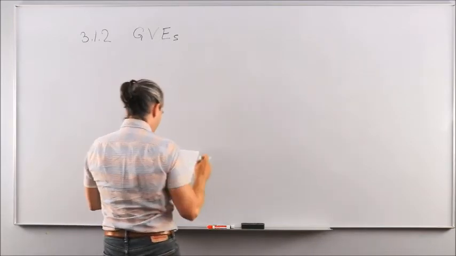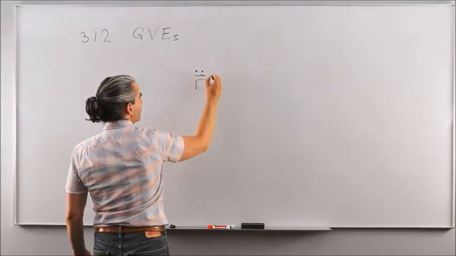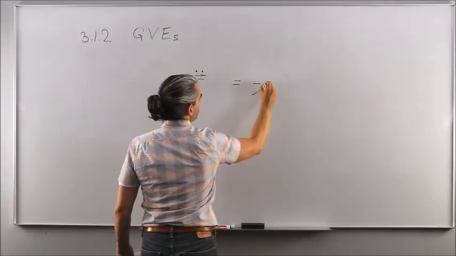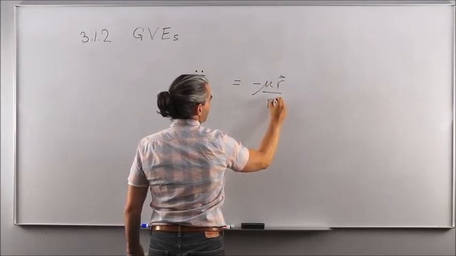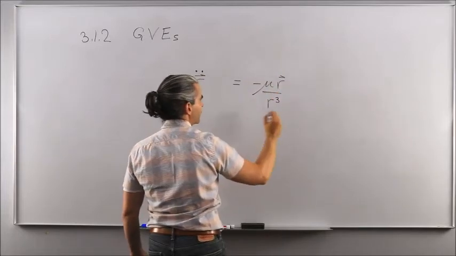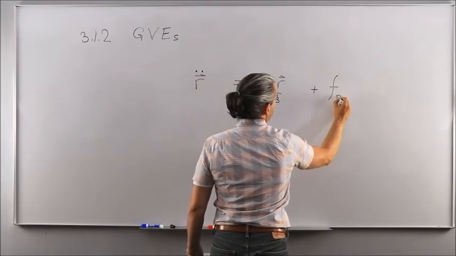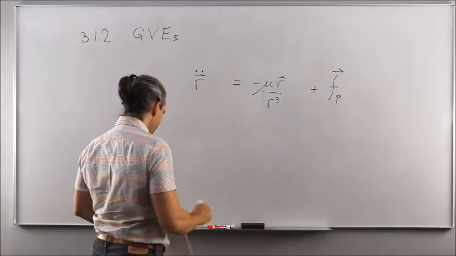So let's start off by going back to our perturbed equation of motion. The first term is just a two-body contribution, so just the primary body and the spacecraft, to which we added our perturbing acceleration vector Fp.